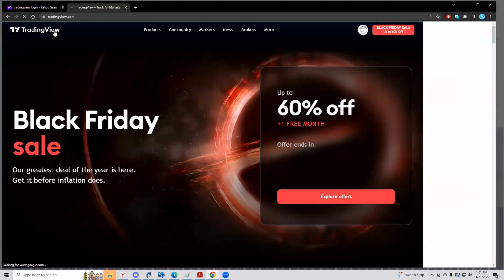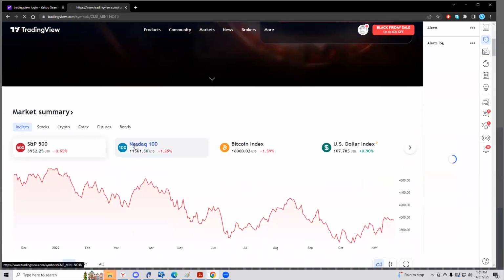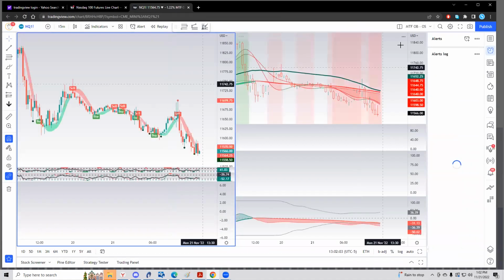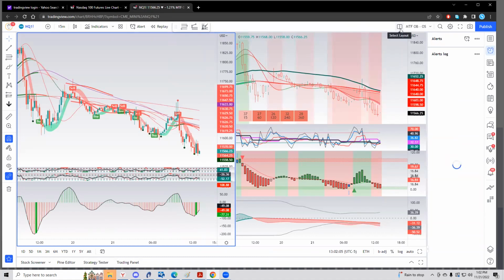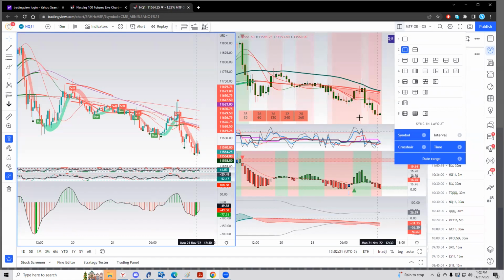So we need first to open some chart. Let's scroll down, click Nasdaq and click see more on advanced chart. By the way, when you have a premium subscription like I do, you may put several windows on your screen. It might be convenient, but you may start with the free version.